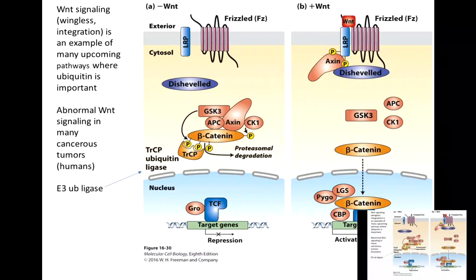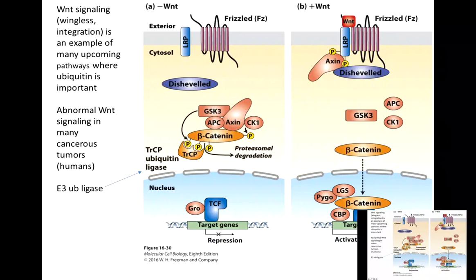If there's no WNT, then WNT is not binding to its dual receptors, LRP and Frizzled. Two different kinds of receptors, it binds to both. In that case, there is a molecule called beta-catenin, which is a transcription factor, and that molecule is multiply phosphorylated on serines and tyrosines by an enzyme called GSK3.